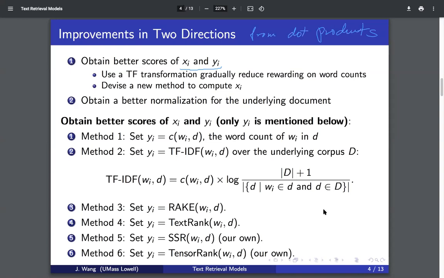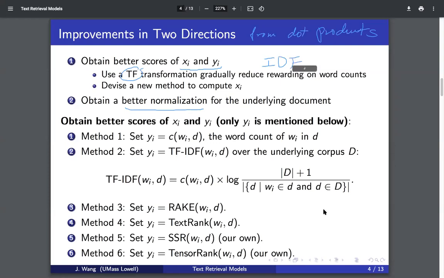The other one is we need to come up with a better normalization. To come up with better scoring, we look at the semantic point of view and syntactical point of view. So one is term frequency. The other one, the easiest thing to talk about, is the inverse document frequency.